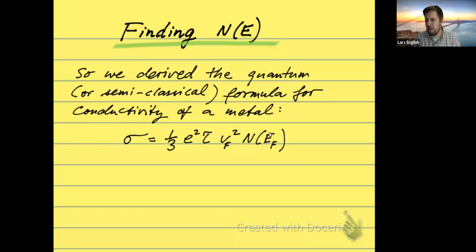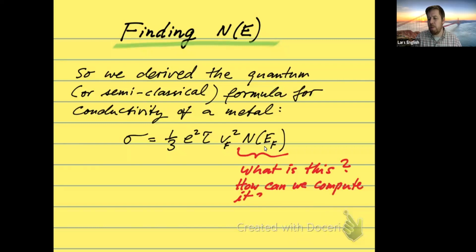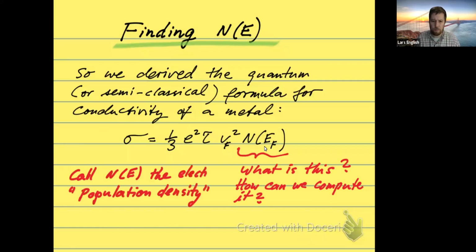So this population density depends on the energy, and we want to evaluate that function at the Fermi energy. So what is it? How can we compute it? We need to know that because otherwise we can't evaluate the conductivity. So as we said, we'll call it the population density of electrons.